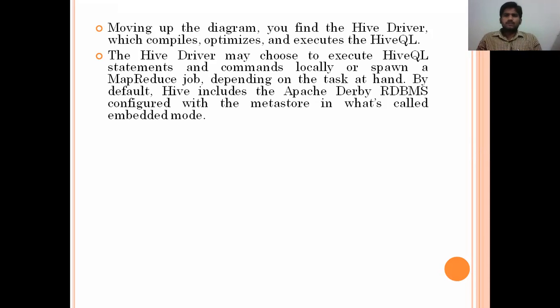The default configurations, like the new Apache ones, you can configure at user level itself. If you do not, then it automatically takes the default mode, which is embedded. So Hive includes Apache Derby RDBMS configured with the metastore in what is called embedded mode.